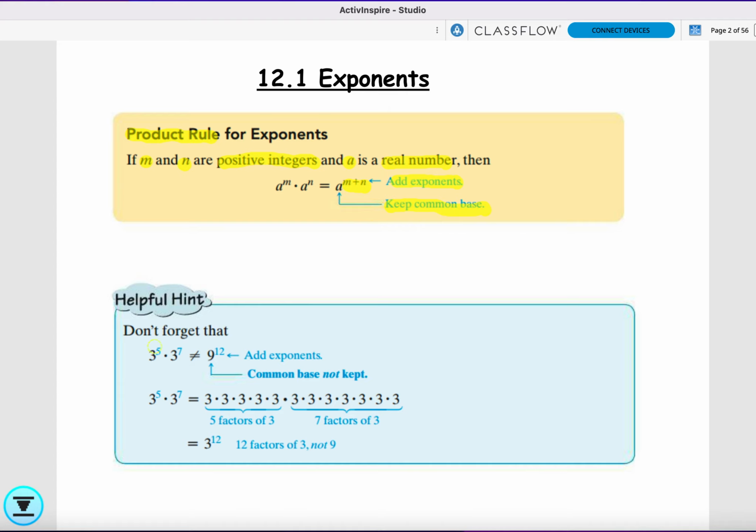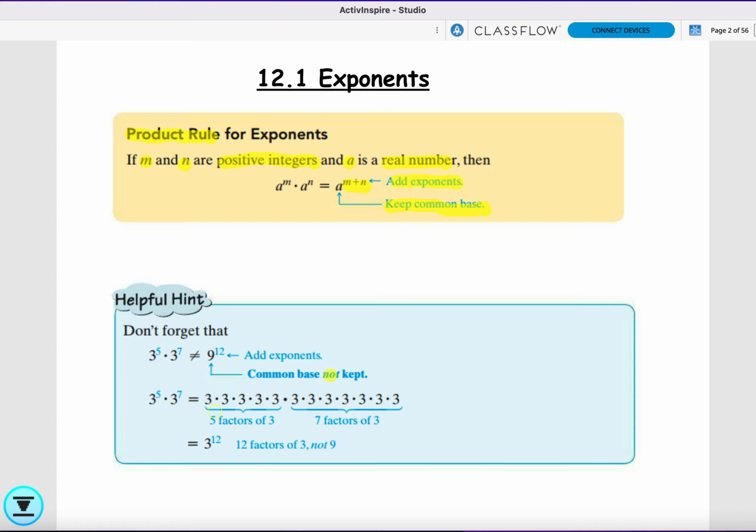Like for example, so helpful hint. Don't forget that 3 to the 5th times 3 to the 7th, we do not multiply 3 and 3 to get 9. No. We have to keep it. Right here we didn't keep it. So it has to stay as 3. So we have 5 factors of 3 times 7 factors of 3.